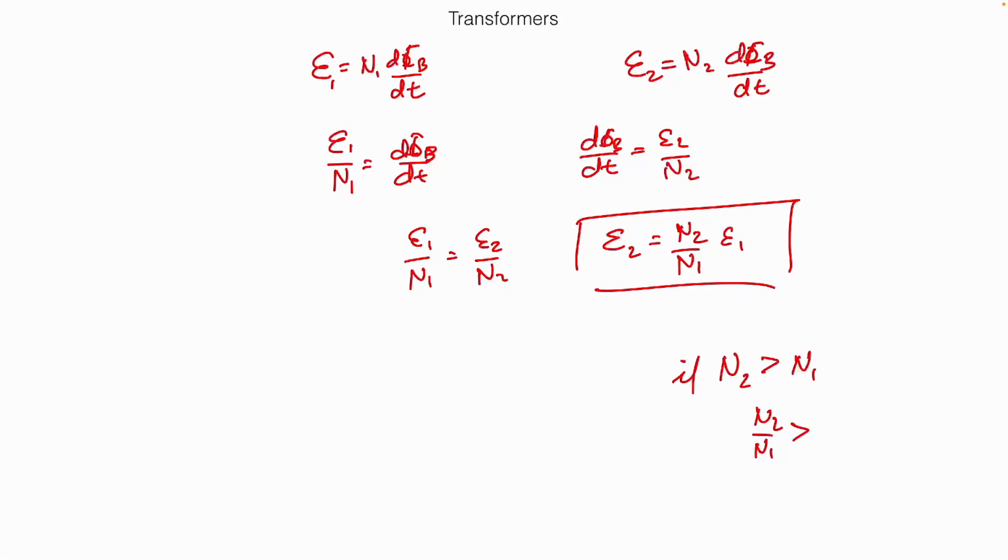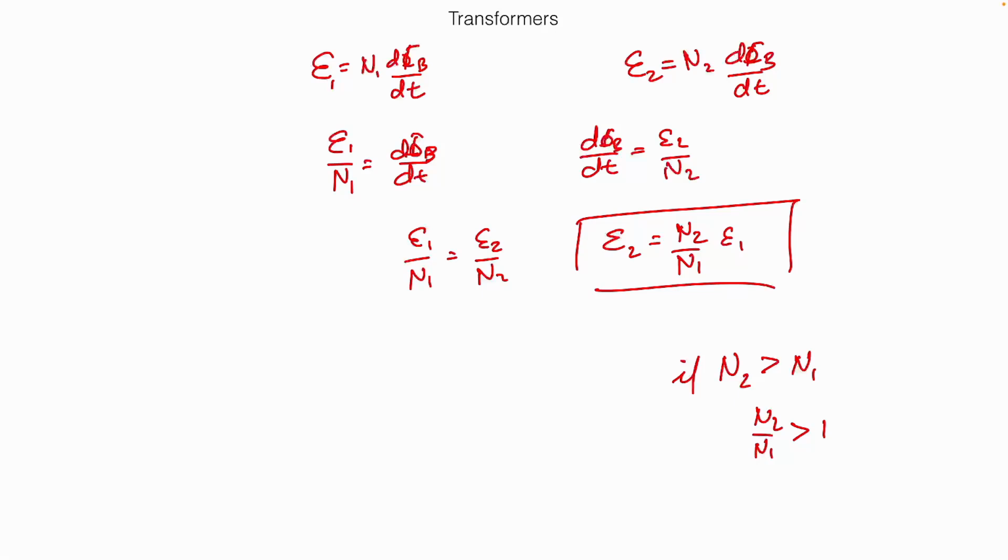This is going to be a number that's bigger than 1. Let's say N2 is 10 times bigger than N1. We would have a factor of 10 there, wouldn't we? And so what does that mean about the voltage in the secondary? It's bigger. It's 10 times bigger than the voltage in the primary, right?